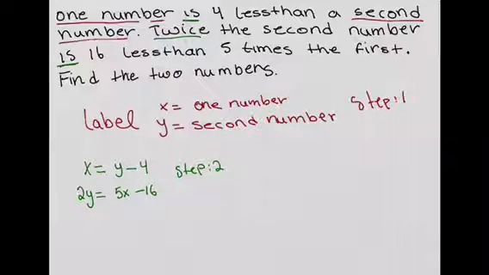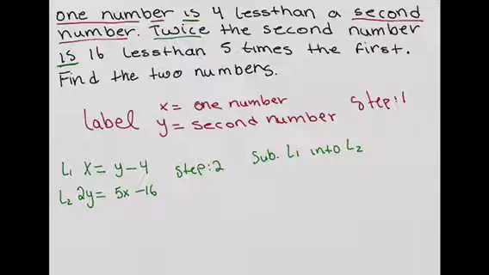Now I said I am going to solve this using the substitution method. So let me label, this is line 1 and line 2. I am going to substitute line 1 into line 2.